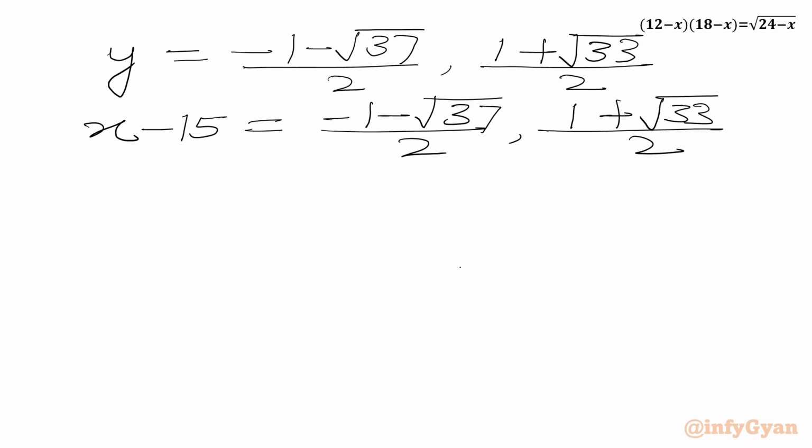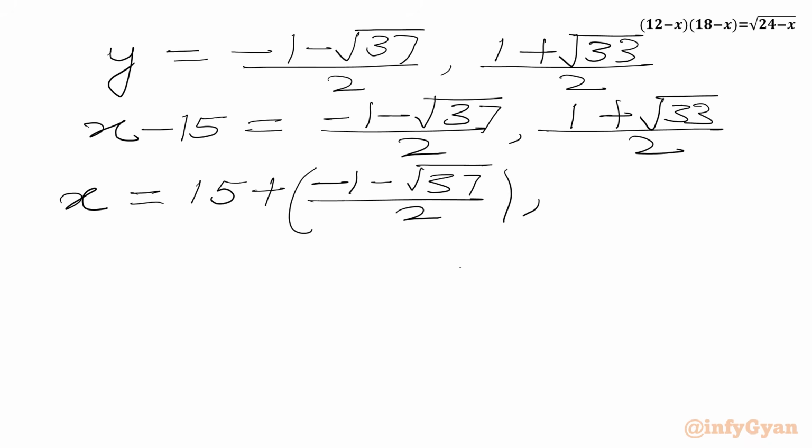Now we have to add 15 to both sides. We will get x equal to 15 plus -1 minus square root 37 over 2, 15 plus 1 plus square root 33 over 2.